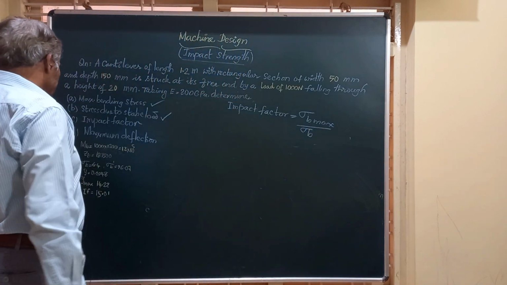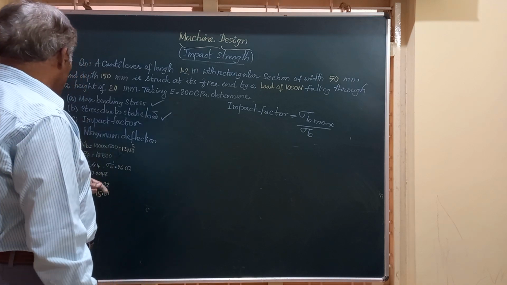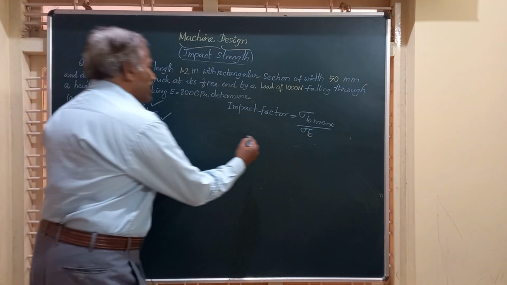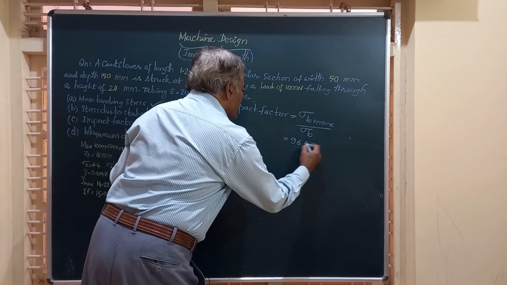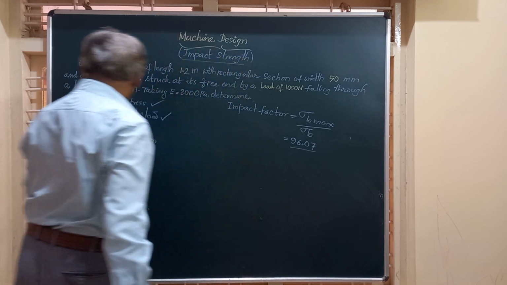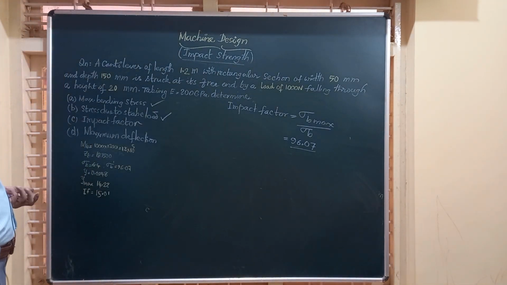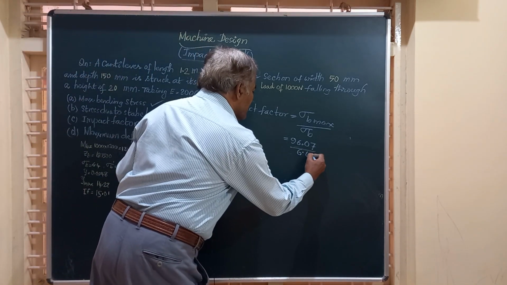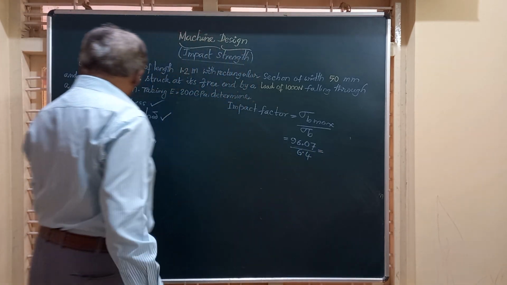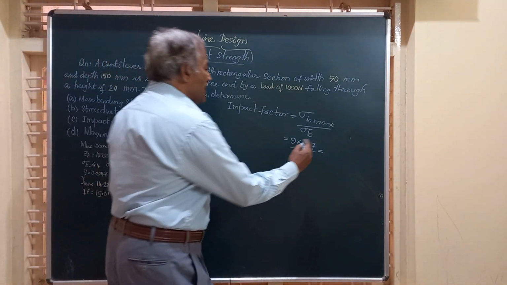You divide one by the other, that is the maximum value, 96.07, which you have calculated as the maximum value of the bending stress, and the nominal stress, that is the stress due to the static load, is 6.4. And friends, if you simplify, this factor works out to a value of 15.01.